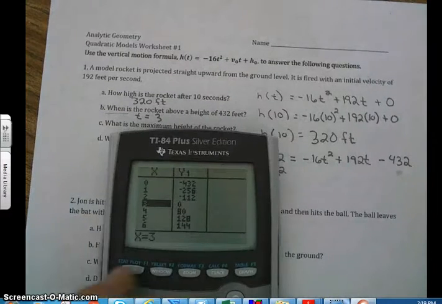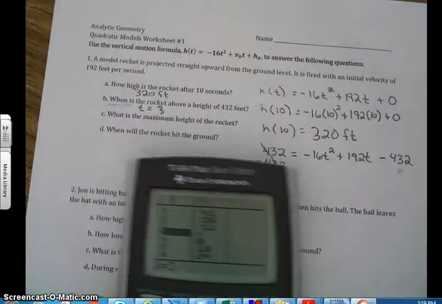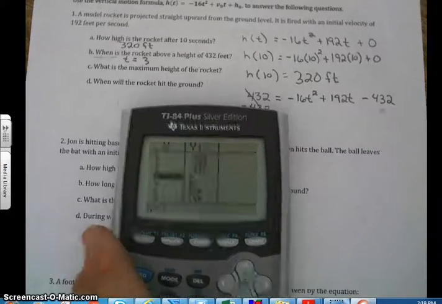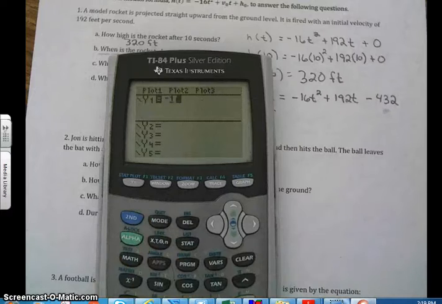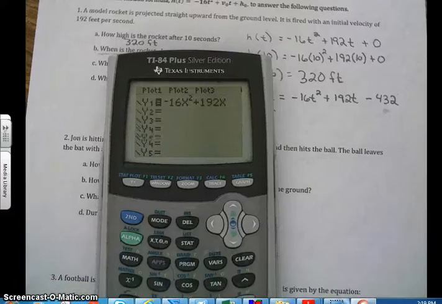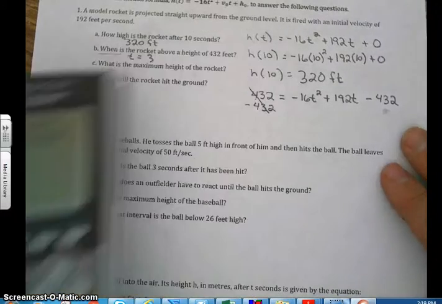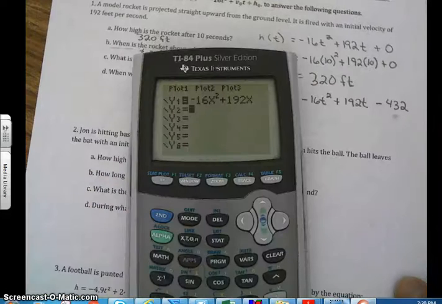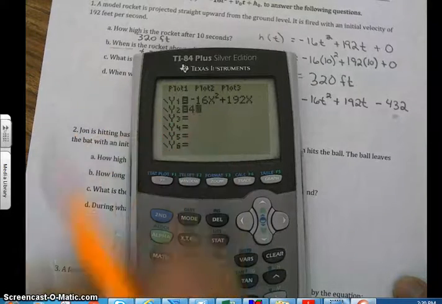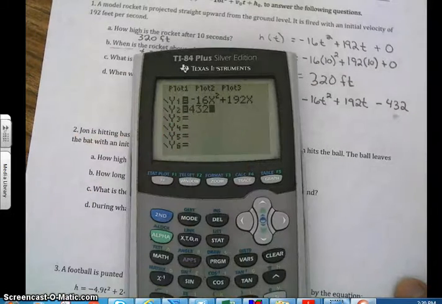Now another way to do this problem would be to plug in the original equation, and then we want to know when it's going to exceed 432 feet. So we're going to put y equals 432.